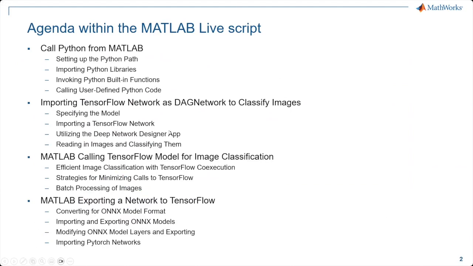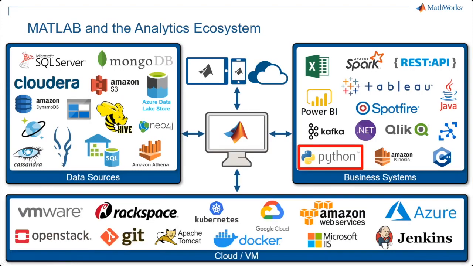We're going to use TensorFlow and do co-execution, with different ways to call TensorFlow models. PyTorch is also included here, and how you can export models using the ONNX format.